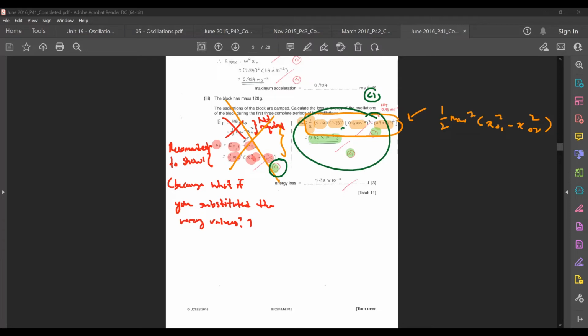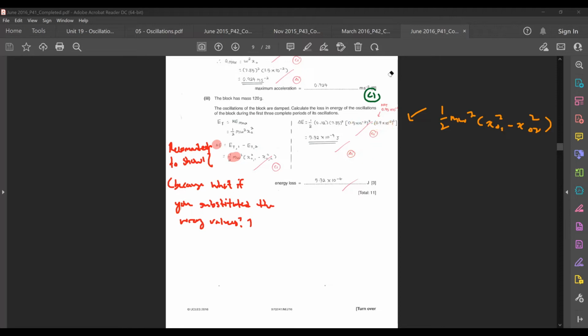But what if, in the process of substituting the values into the equation, I somehow substituted some value which is wrong? It's a careless mistake. Let's say you substituted in some random value, say maybe 8.5, and then you forgot to square it.